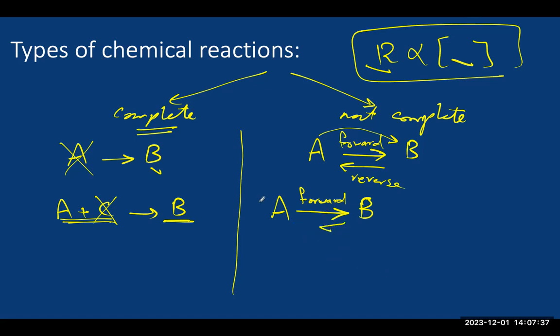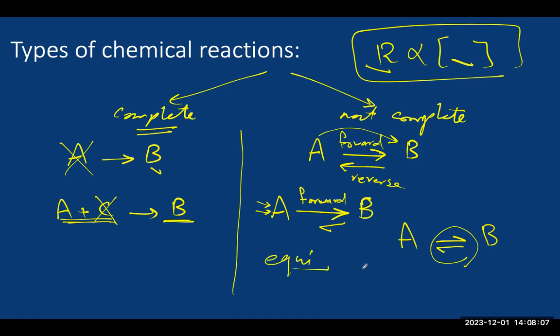After a while, we consume more A, so the concentration of A decreases, and the rate of the forward reaction decreases, while forming more B increases the rate of the reverse. This process continues, decreasing the forward and increasing the reverse, until both have the same rate. At this point, when we reach an equal rate for both reverse and forward, we have equilibrium.